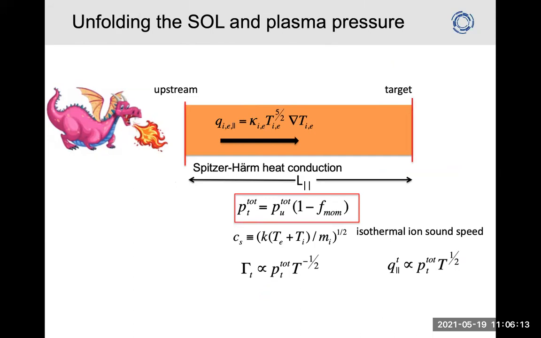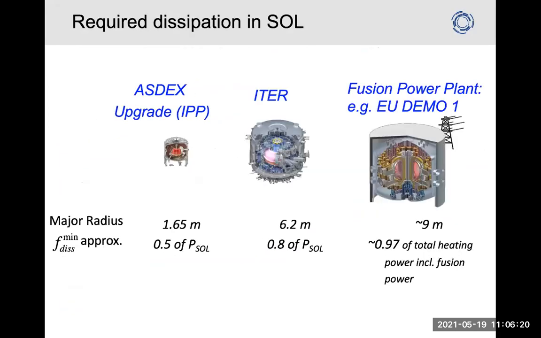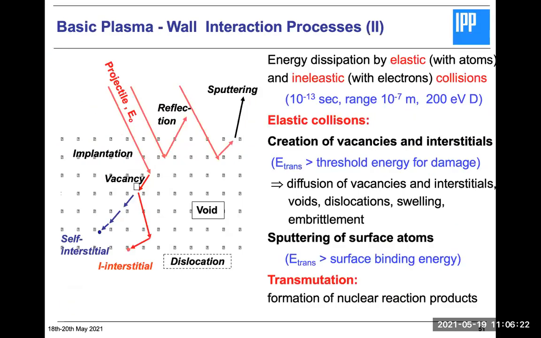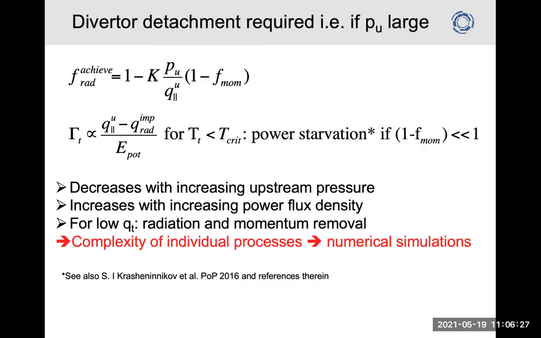So the power flux to the target will depend on how many particles reach your target. But if you radiate a lot of power upstream, at some point, the question is, how much particle flux can you actually sustain still at the target? Because if you radiate a lot of power, let's assume you have a region where a lot of impurities are, and they radiate power.